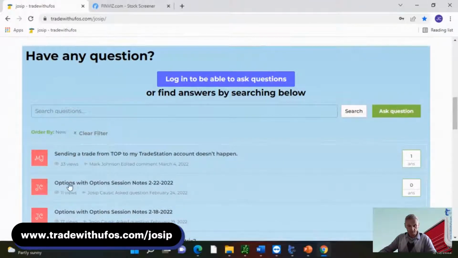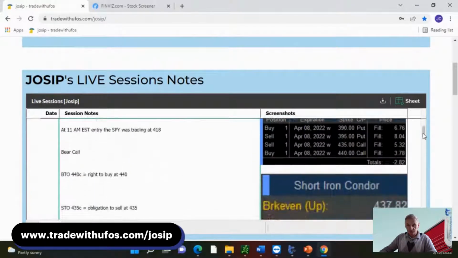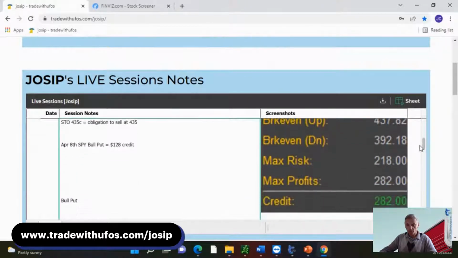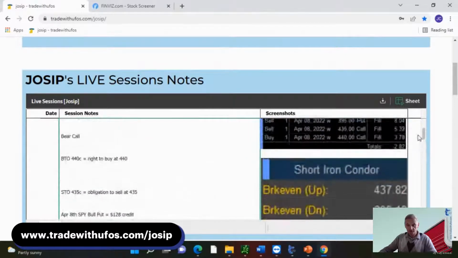In the past, I was posting my option session notes right here, but there wasn't the ability to post the actual screenshots. So I found that with Jose's help, this is so much better. We have created this Excel sheet that you can click on and get all the information.